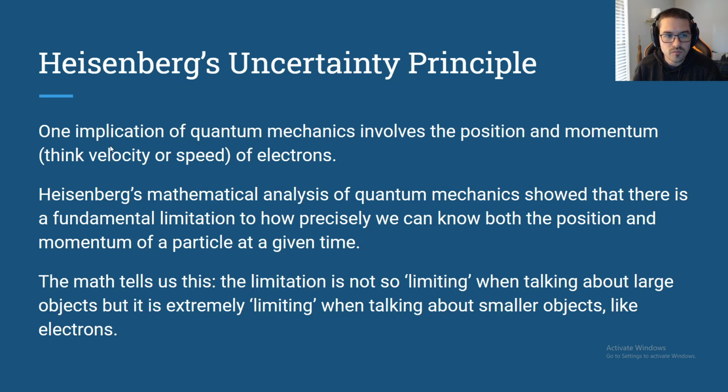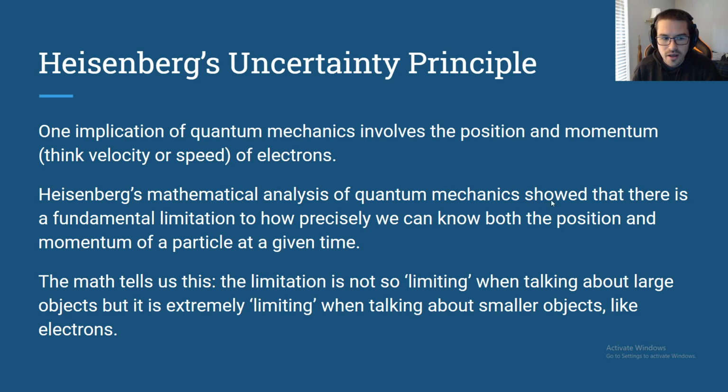So let's talk about one implication of the quantum mechanical theory as it applies to electrons. It's called Heisenberg's uncertainty principle. One implication of quantum mechanics involves the position and momentum of electrons. And whenever you hear this word momentum, just think velocity or speed. They mean roughly the same thing. Heisenberg did some mathematical analysis of quantum mechanics.